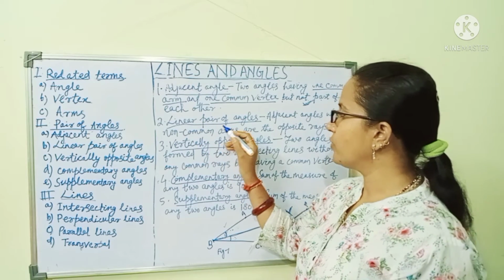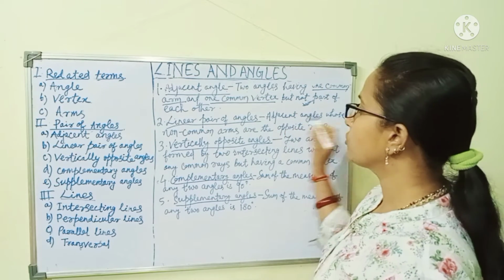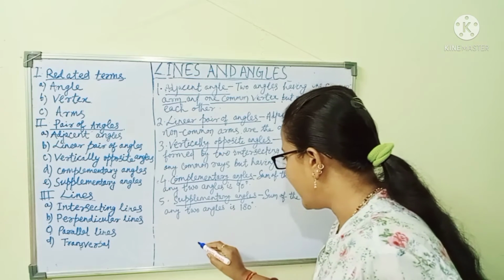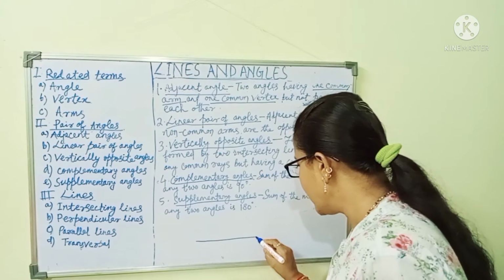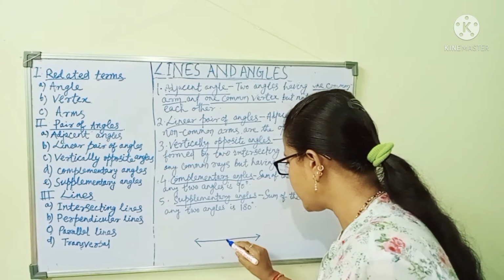So next we will go for linear pair of angles. The adjacent angles whose non-common arms are opposite rays. I'll just draw the figure. This is a figure.